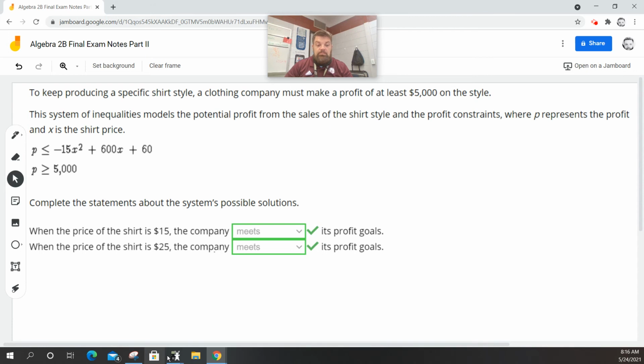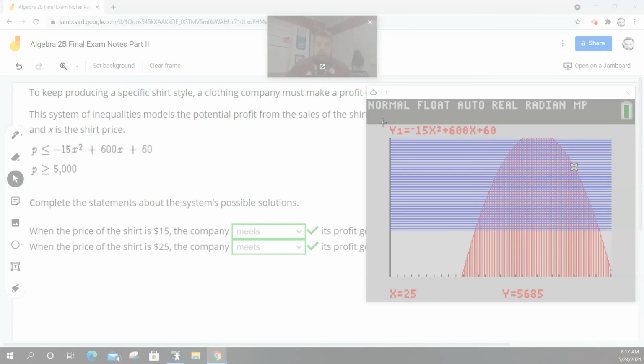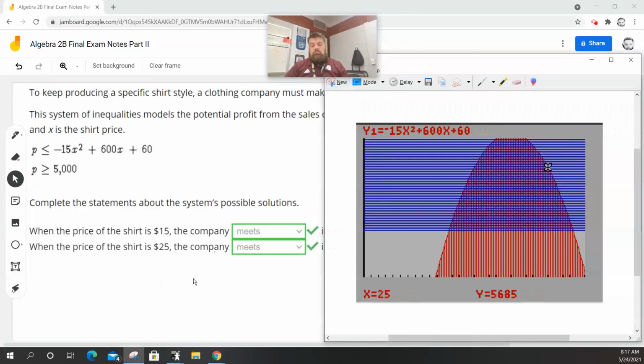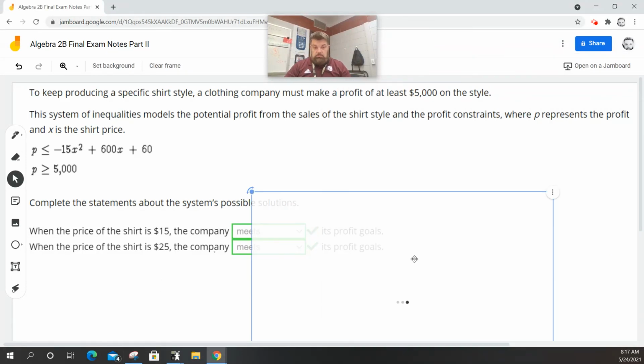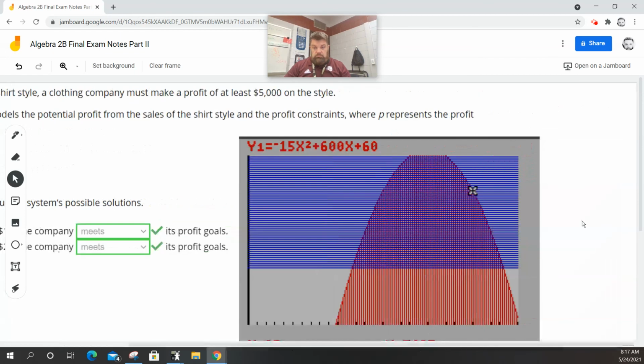That's why it meets it. So let's take a snapshot of that. Yep, there it is.